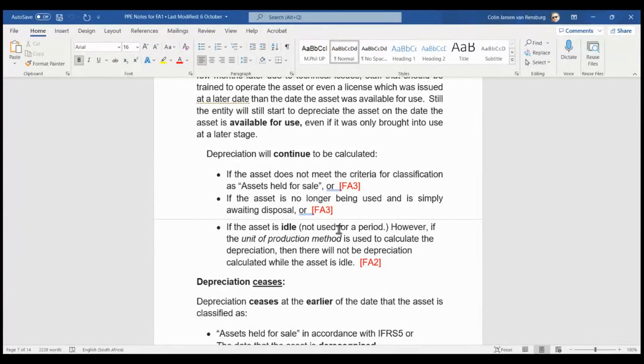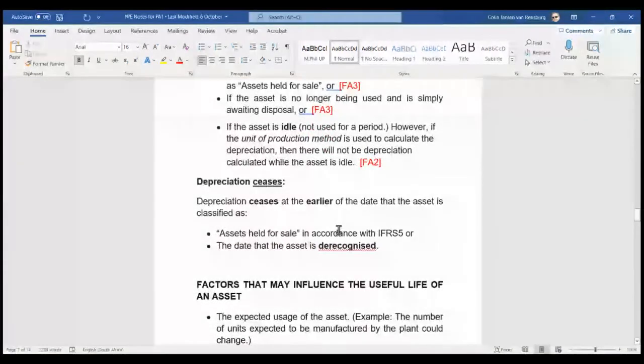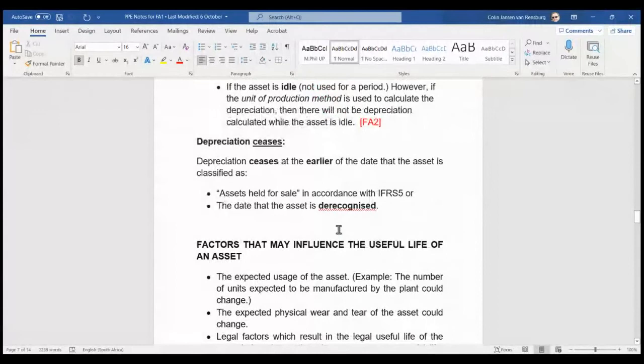Then when does the depreciation process end, ladies and gentlemen? The depreciation process ends at the earlier date when that asset is being transferred to an asset held for sale account in accordance with IFRS 5. Now, you don't need to worry too much about that at this stage. That is, again, something we are going to address in general financial reporting 4.